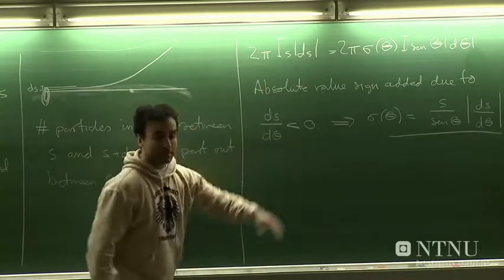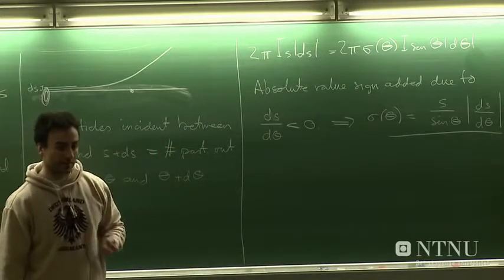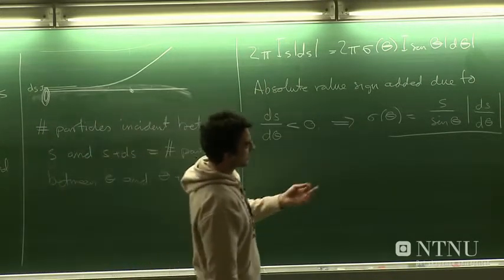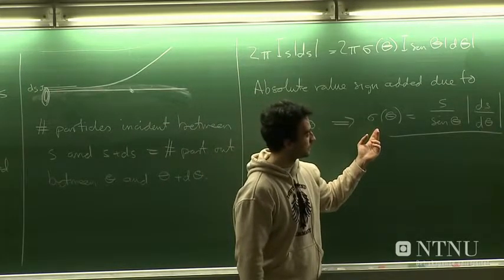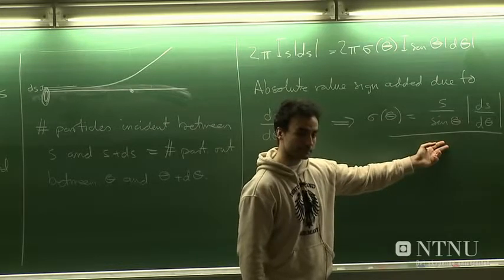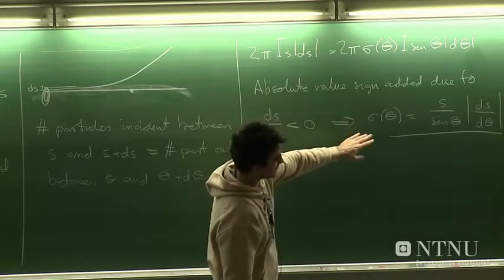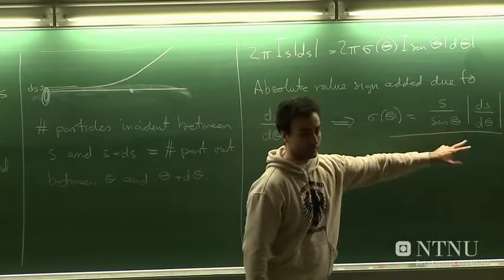And so this equation now gives us an explicit expression for this differential scattering cross-section as follows. So it depends on the scattering angle in the following way.